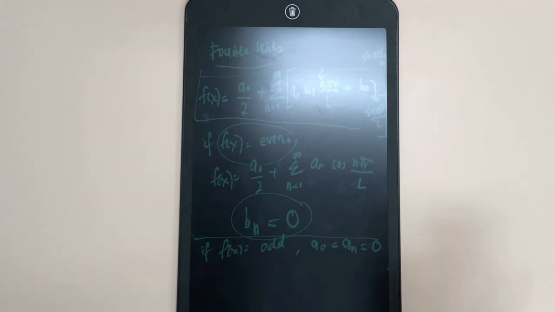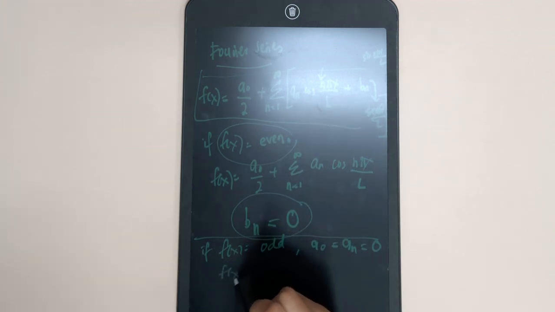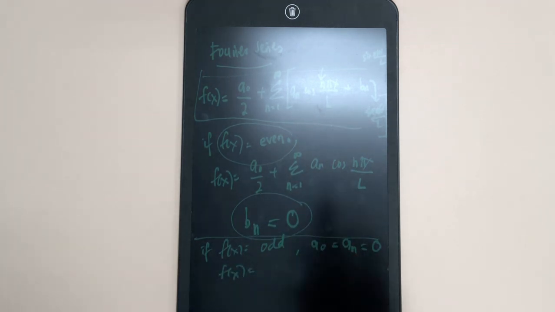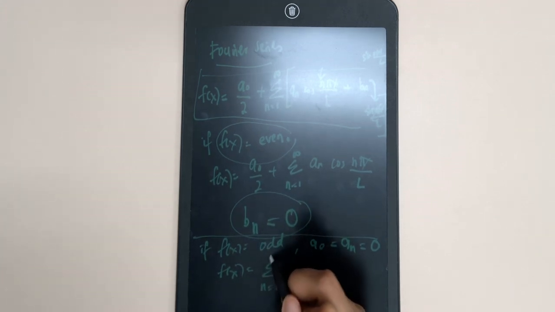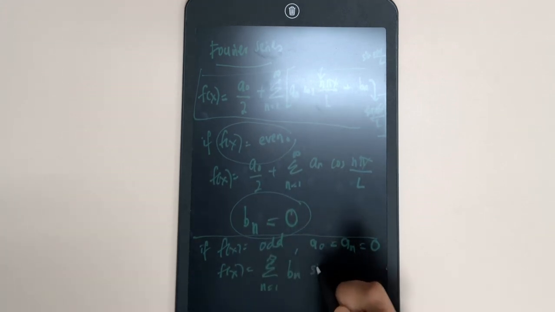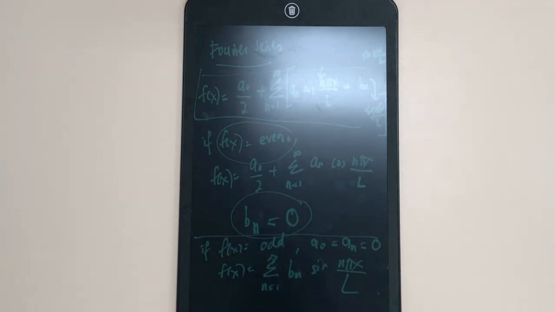Both are equal to 0. So it's simpler compared to even, right? With two zeros here, you just calculate Bn sin n pi x over L.